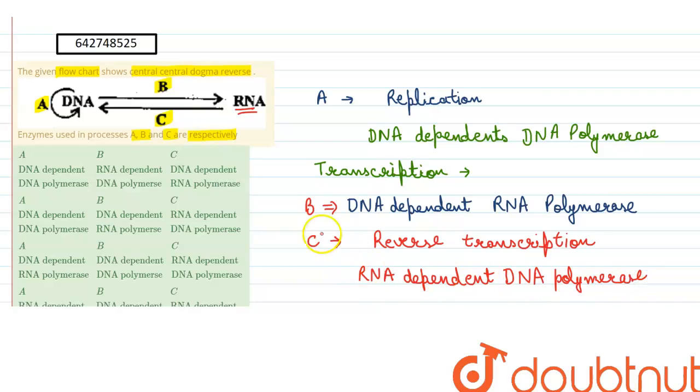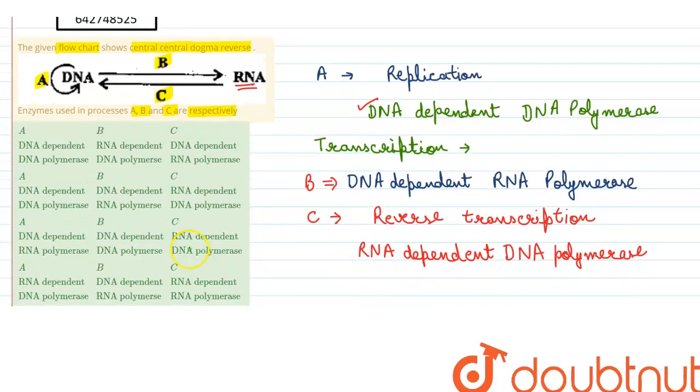Accordingly, if we look at the options, our enzyme A is DNA dependent DNA polymerase, right? Each option has DNA dependent DNA polymerase except the last one. So this would be eliminated.